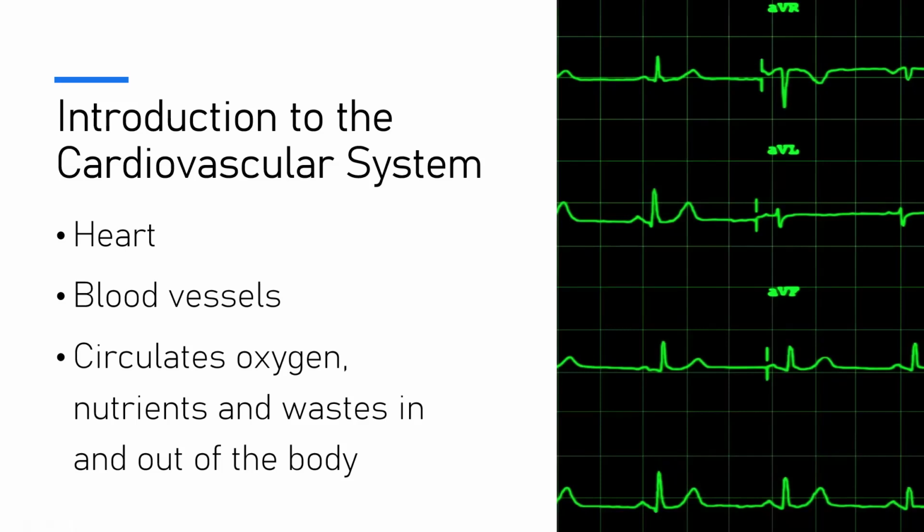So what is its job? Well, its job is very important. Its job is to circulate oxygen, nutrients, and wastes in and out of the body and to the various tissues and cells and anywhere that they're needed. So very big job that the cardiovascular system has.